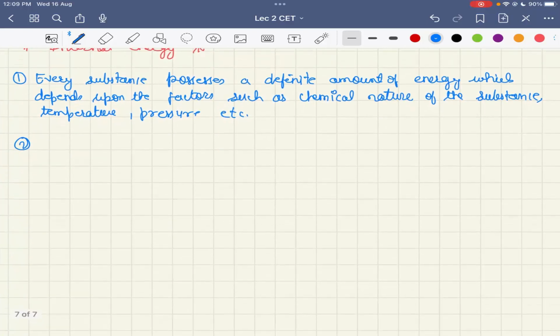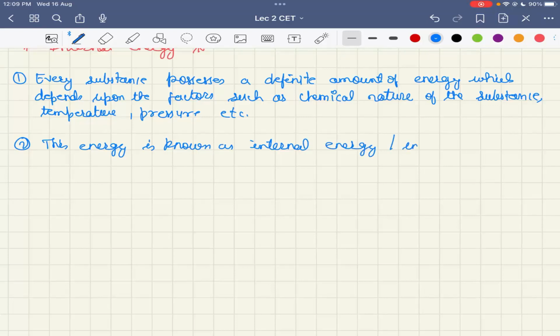This energy is known as internal energy, or intrinsic energy, and is represented by the symbol U, right?